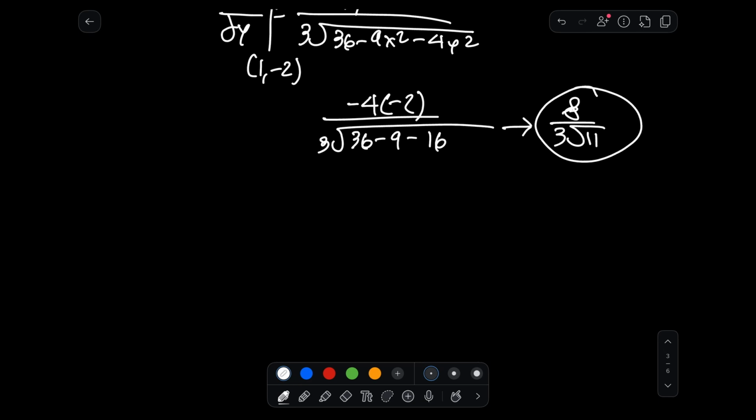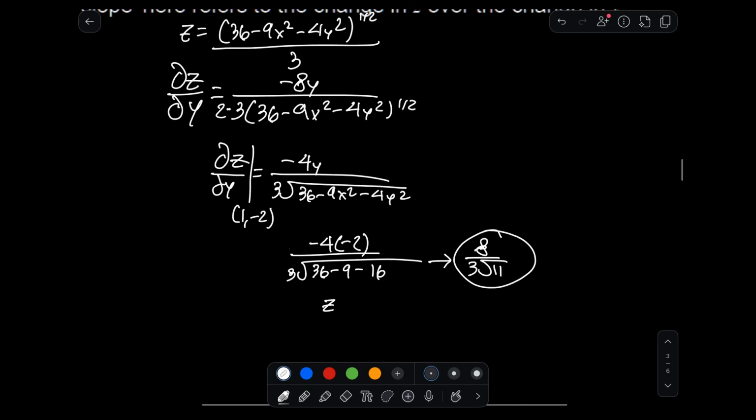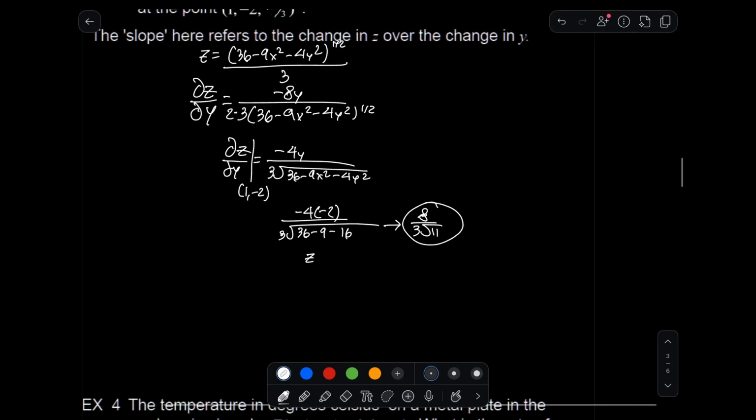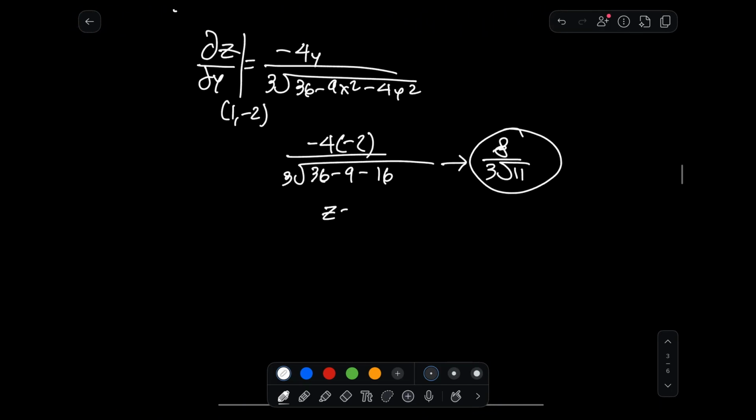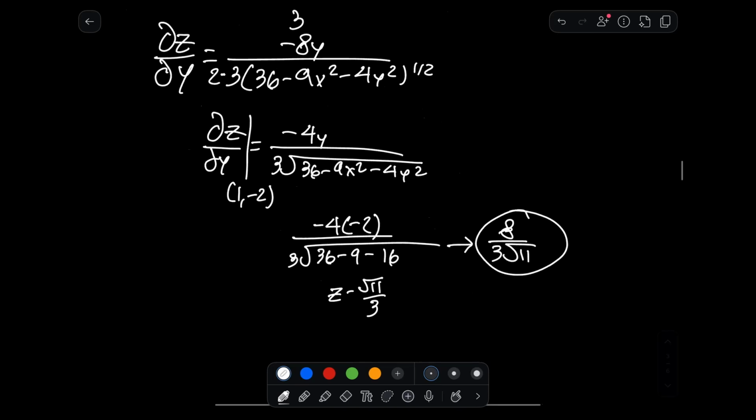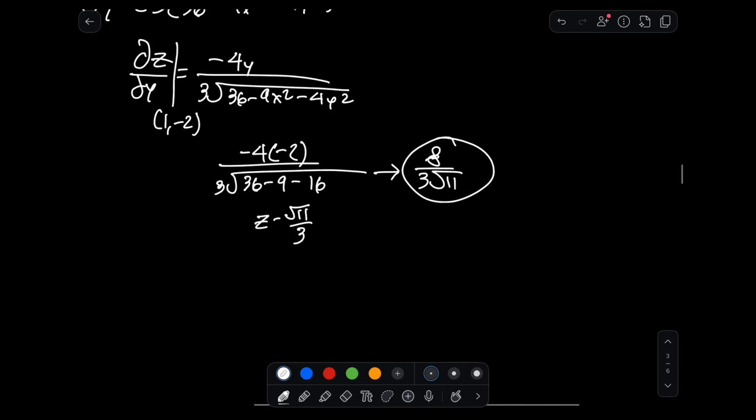So we get z minus root 11 over 3 equals 8 over 3 root 11 times, not x, excuse me, y minus, y plus 2. Oof.